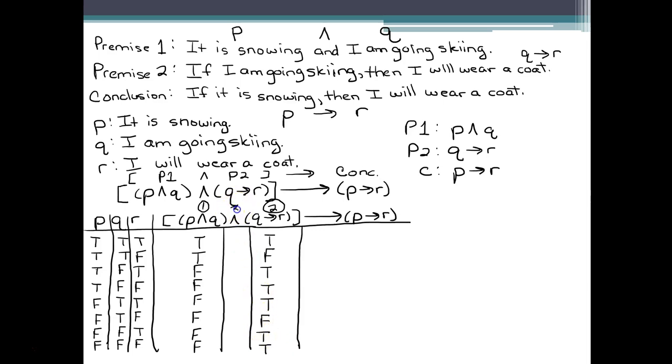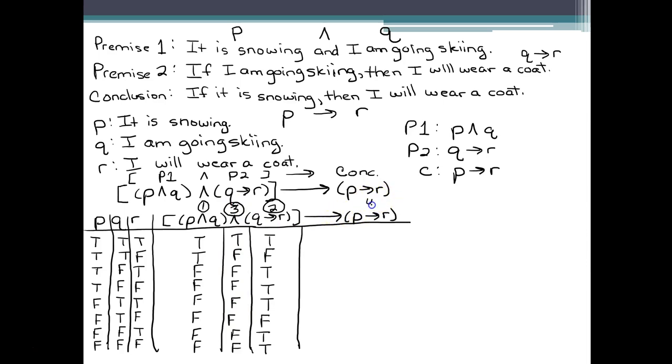And then finally the and in between those is number 3. And I'll take care of the brackets. T, F, F, F, F, F, F. Alright, so there's the final column underneath in the brackets for that side of the conditional arrow.